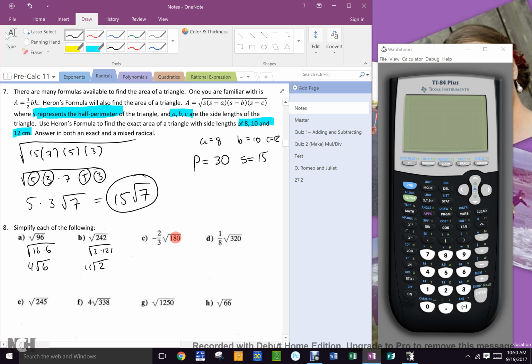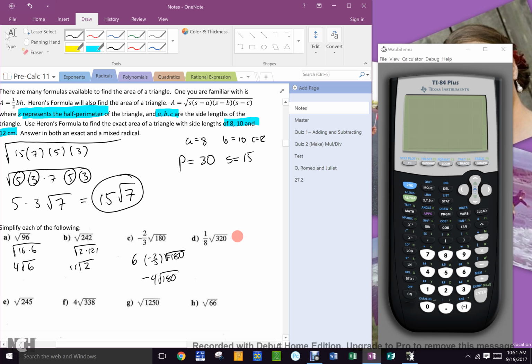That, we already know that is 12 root 5 from the page right before. So out comes a 12, and I had negative 2/3 out there. Then I had root 180. 12 times negative 2/3 is, it wasn't 12, sorry. It was 6 times negative 2/3. So that's negative 4 root 180.